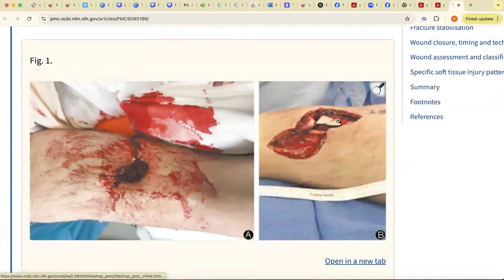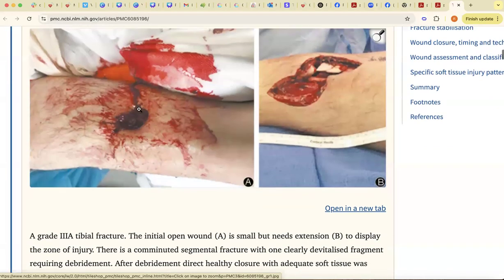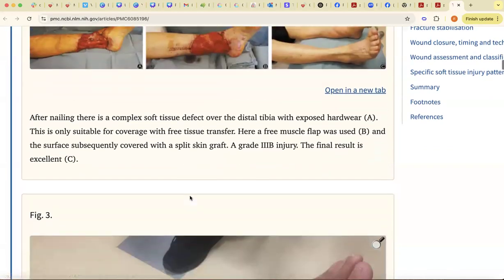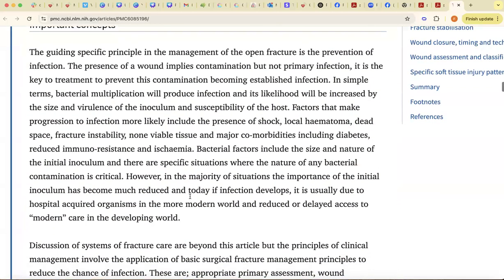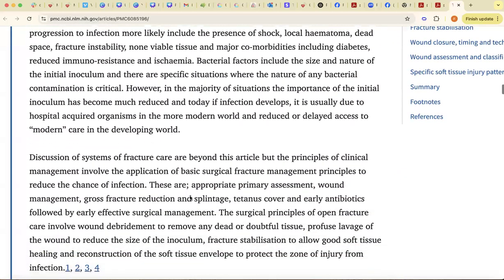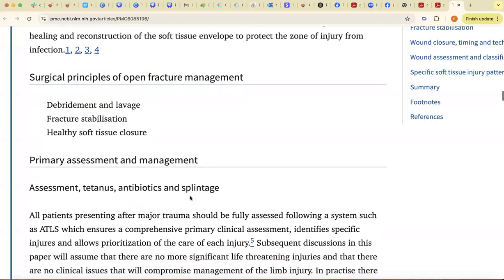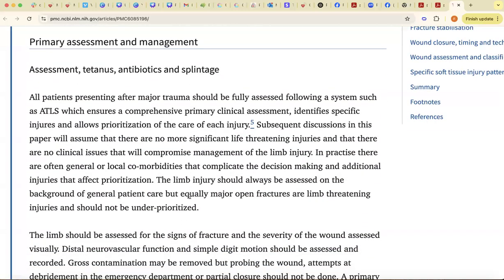So this is an open fracture because you can see the bone, right, with the naked eye. This is an open fracture. So primary assessment of an open fracture, that's our main discussion now.